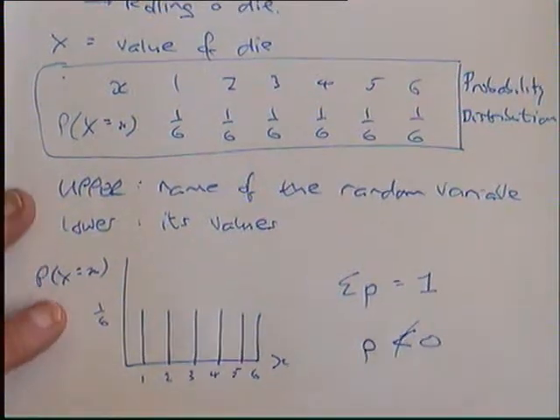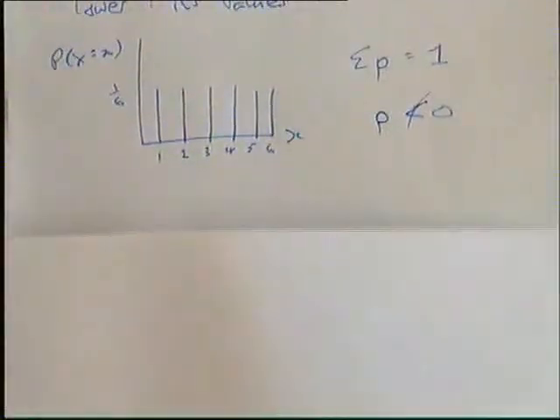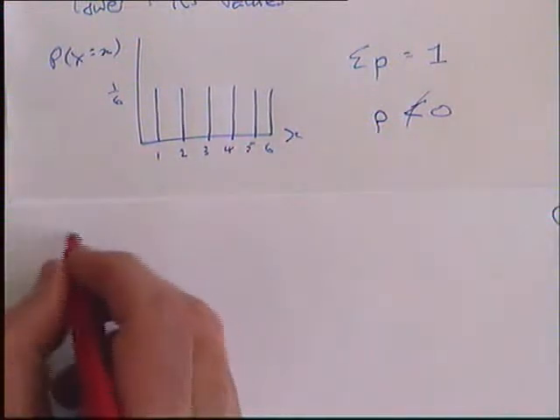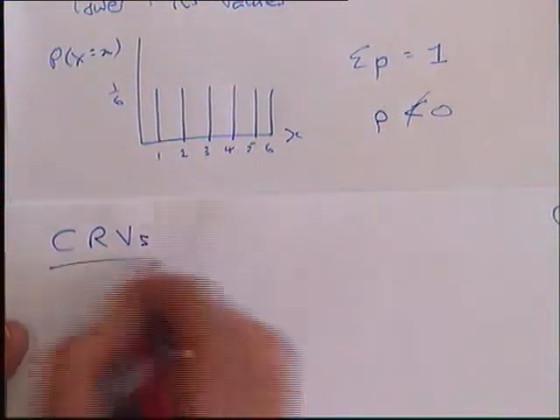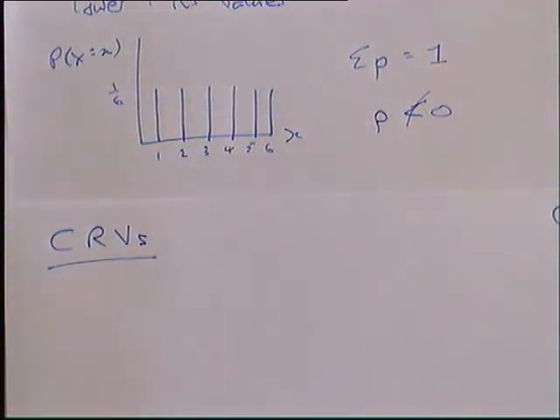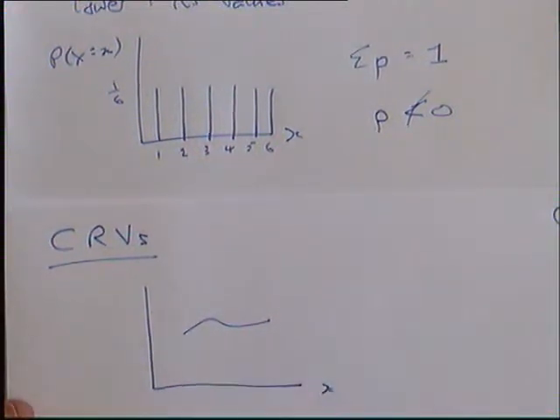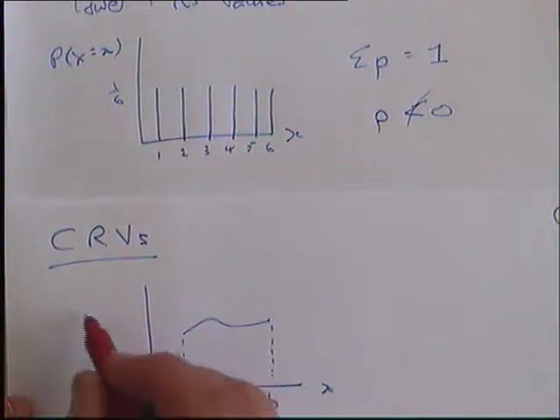So switching now into continuous random variables, which I'm just going to call CRVs, otherwise you'd spend an awful lot of time writing down long words. What do you think a graph of a continuous random variable will look like? A line of some sort, okay? X will be down here. Going with the definition we had earlier on for what continuous was, maybe between two values you had probabilities.